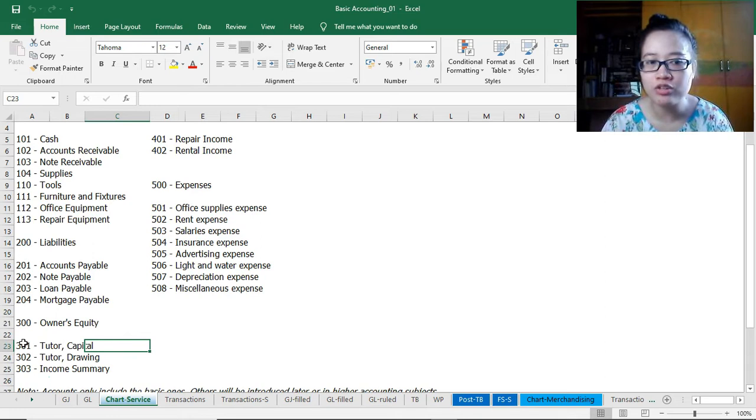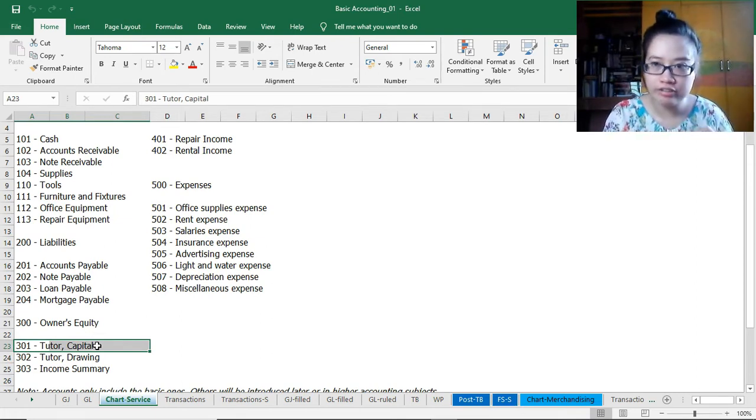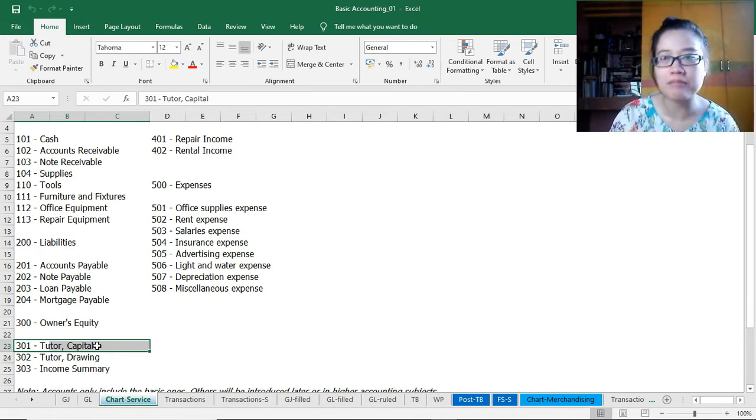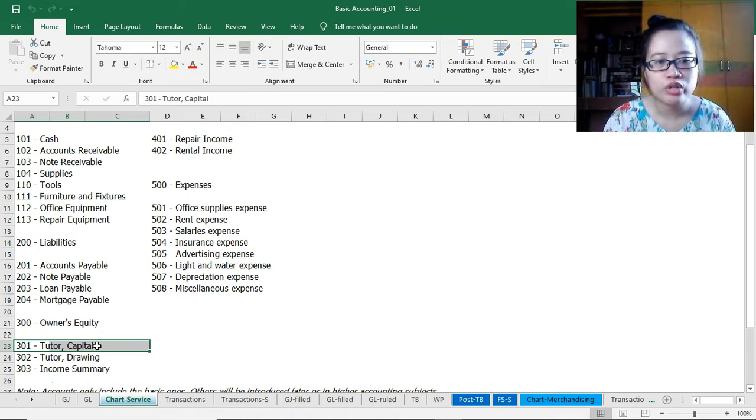Pag nagbigay yung owner ng pera, sinegregate niya for the exclusive use ng business, edi i-record siya as capital ng business. And then, kapag naman kumuha siya ng pera from the business for his personal use, ginamit niyang pansarili, edi ibabawas. So, in that case, ire-record natin siya under drawing or withdrawal.